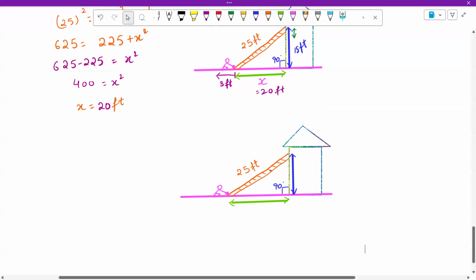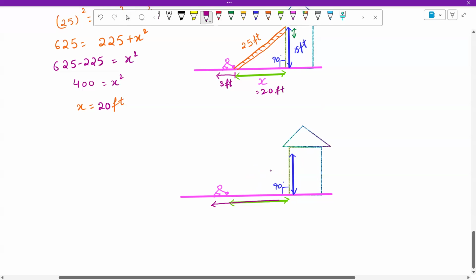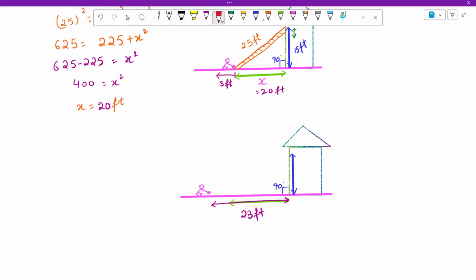So now let's say that this ladder is actually coming up till here. X feet, which is 20 feet plus 3 feet, makes it 23 feet, right? So now this person is here and this ladder has come here and it must have slid down a little.